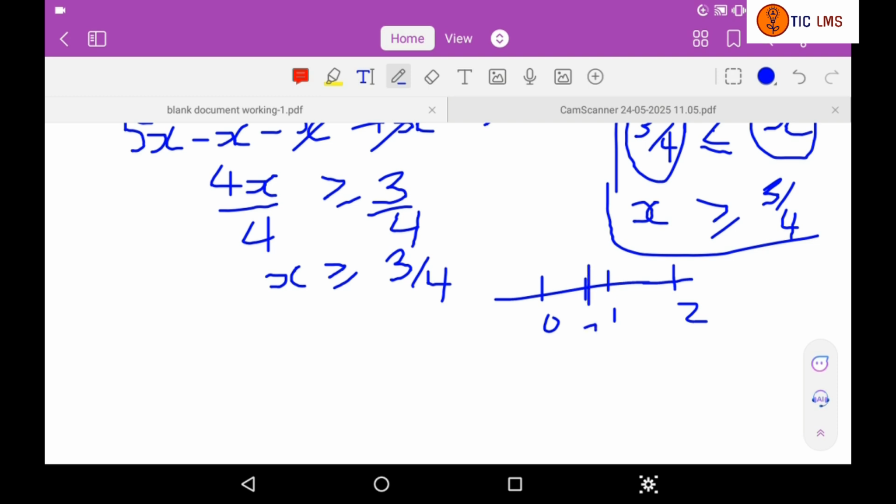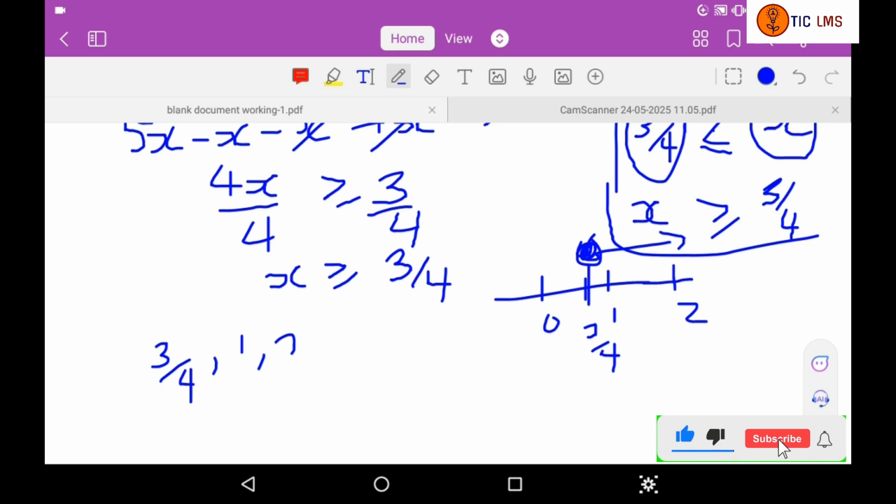So let's say this is 3 over 4 over here. So the values that are greater than will be on the right hand side. Take note that you have to start from 3 over 4 itself, please. So 3 over 4, 1, 2, and so on and so forth. Alright, so we've solved that.